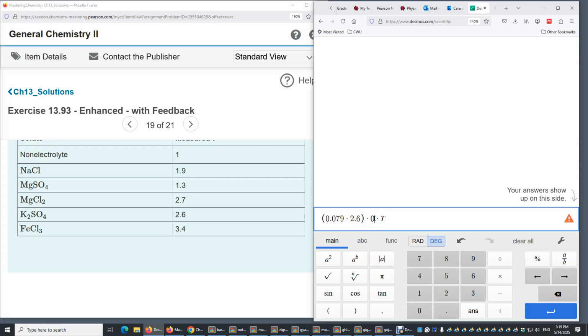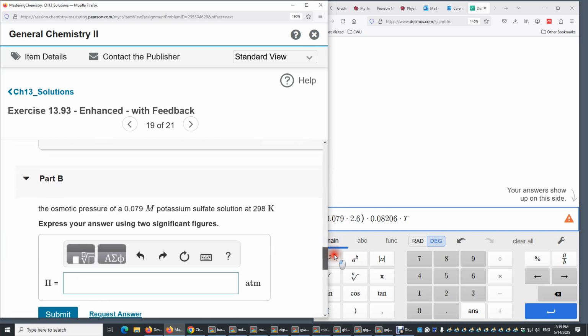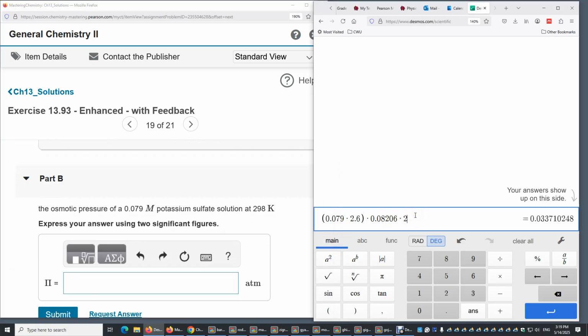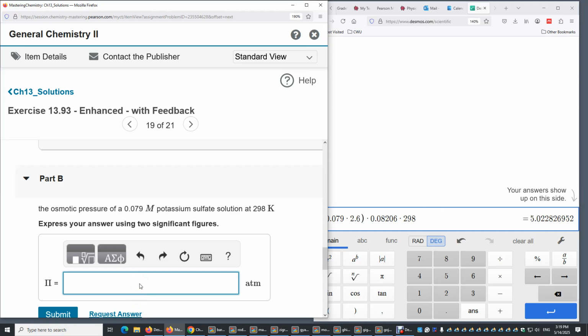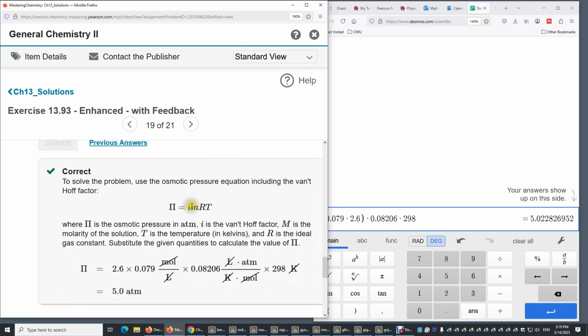R is 0.08206 atm liter over mole Kelvin. T must be in Kelvin, 298. The result is 5.0 atm. You can see this i in the equation as the Van 't Hoff factor.